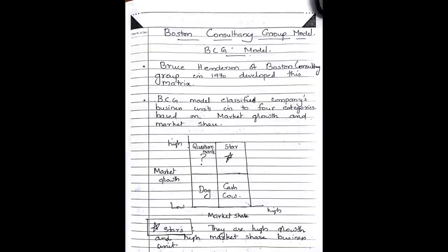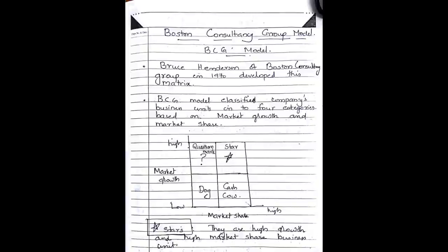The demand in the market for the Icon car increased, and at the same time they maintained their advertisement, so it became a star product. And later we can see that it became a cash cow product, because the market demand became very high, and so market share became very high, and then the advertisement for their car became very minimal, so it became a cash cow product.